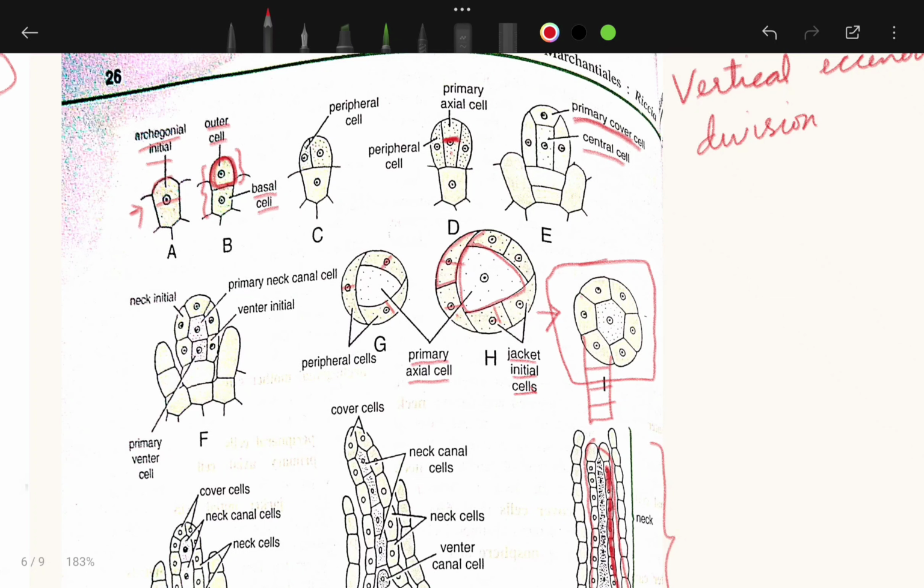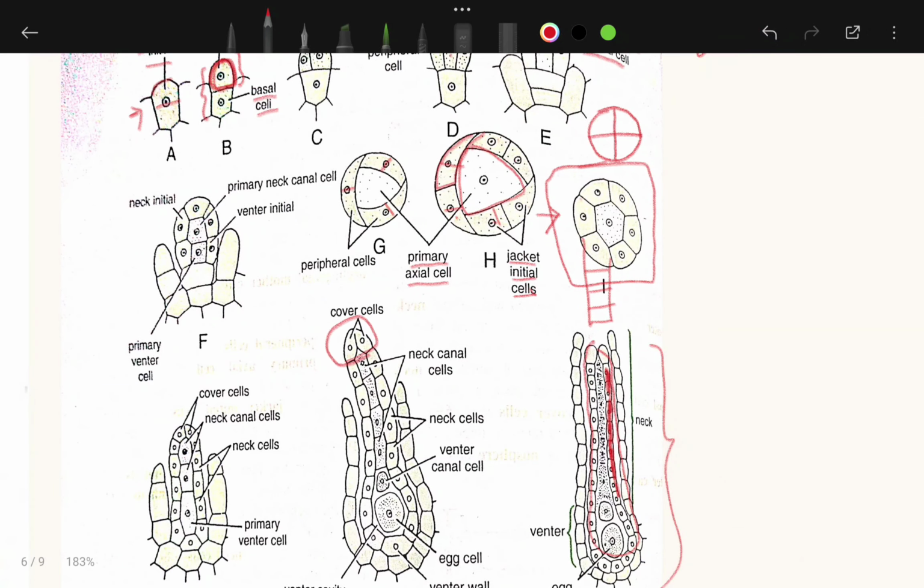The first division will occur in this manner from the side view, and from the top view it will be one vertical division, and then the second division is also a vertical division at right angle to the first. This will give rise to 4 cover cells, 2 at the front and 2 at the back. So the cover cells are already formed.